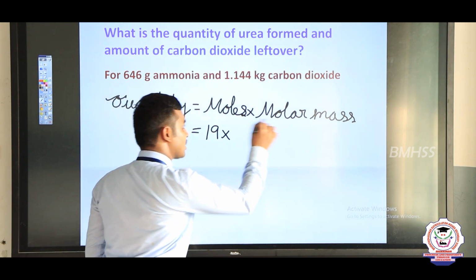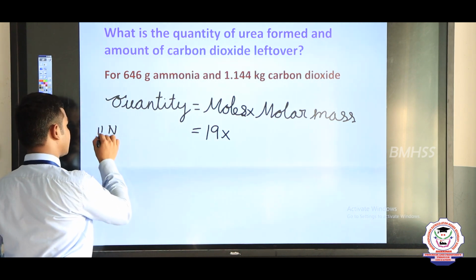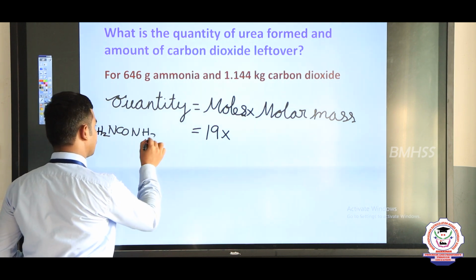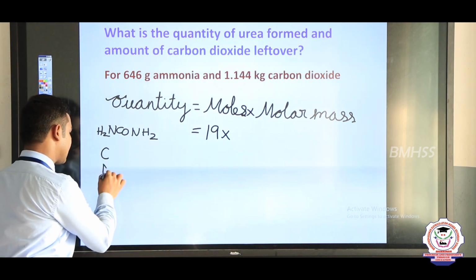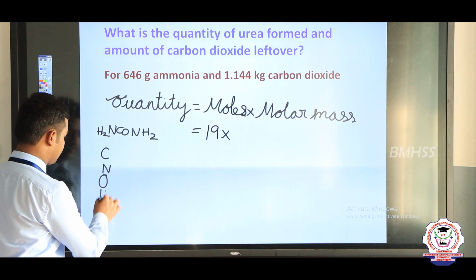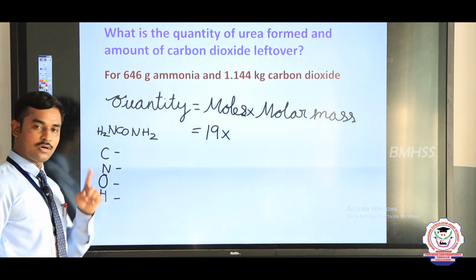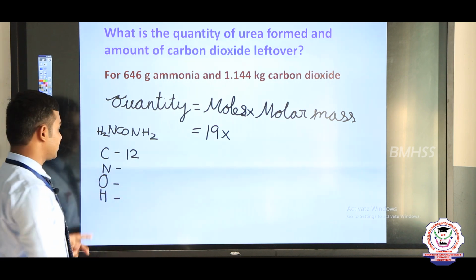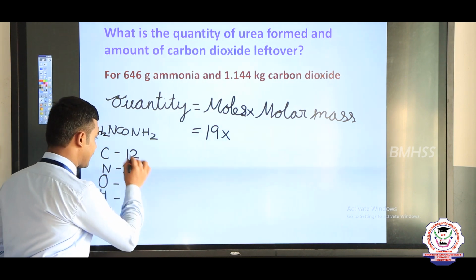And the molar mass of urea: let us see the urea's formula, NH2 CO NH2, in which we have the atoms carbon, nitrogen, oxygen and hydrogen. Here we have one carbon atom, its mass is 12. We have 2 nitrogen atoms, its mass is 14, so 2 into 14, 28 grams.